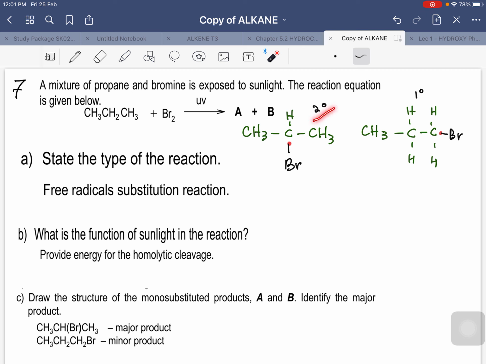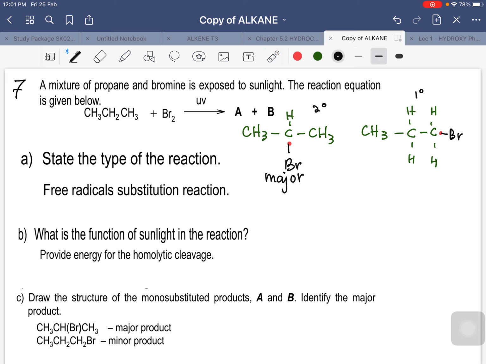So the secondary free radical is more stable and produces 2-bromopropane, and this is the major product. Why is it the major product? Because more bromine will attach to the secondary carbon, so it is more favorable to undergo reaction. Since it is more favorable, the product formed will be the major product.